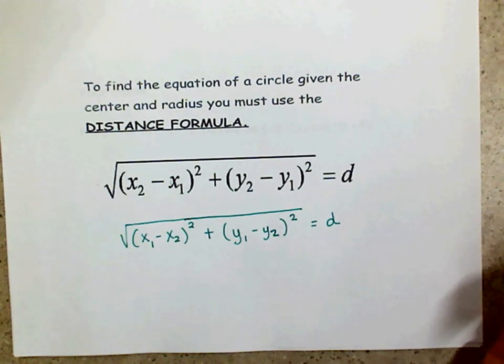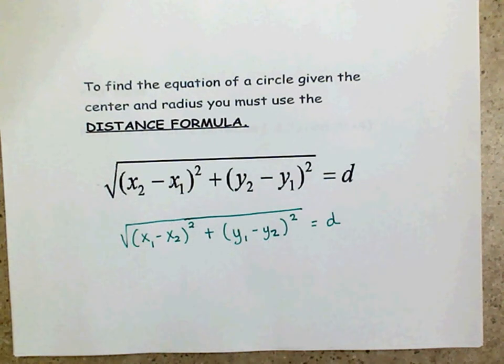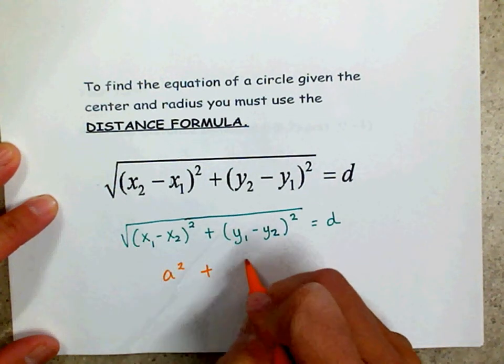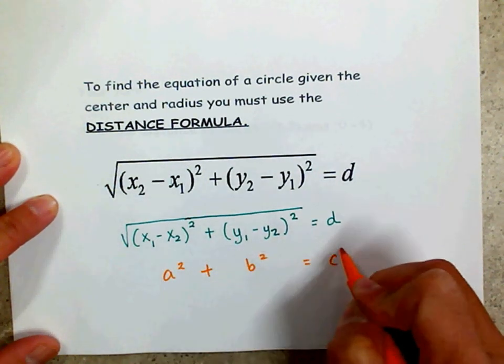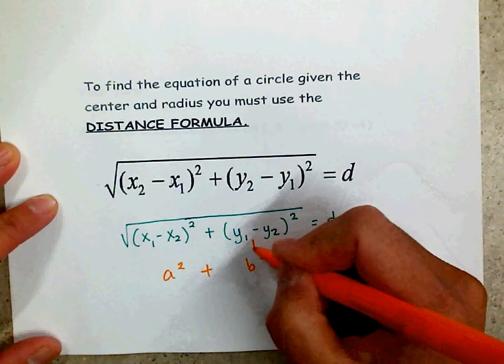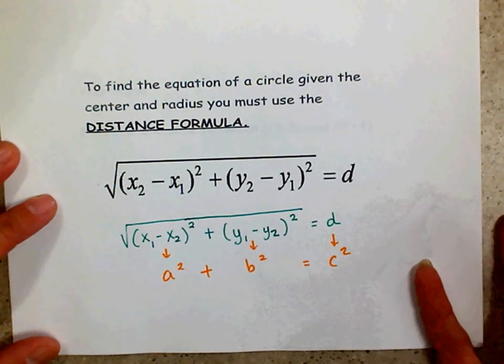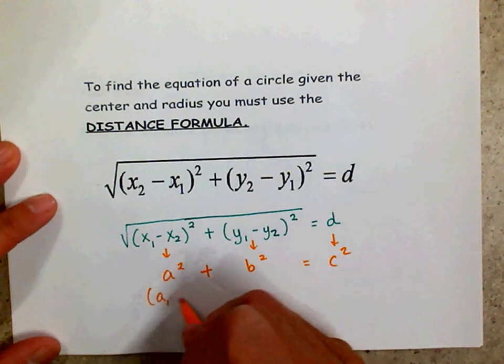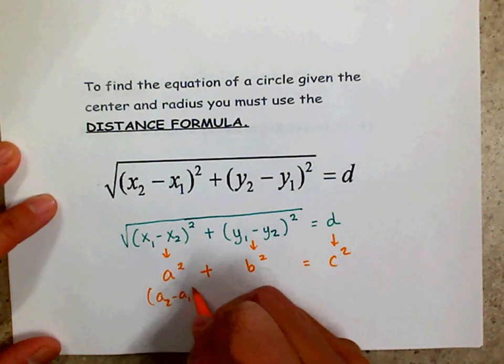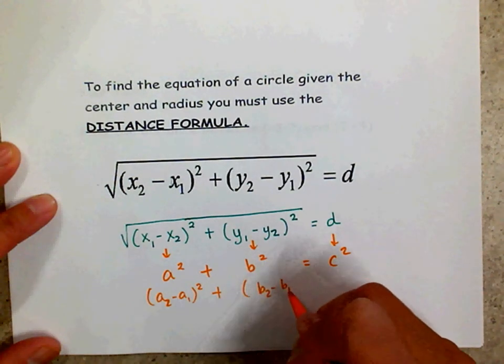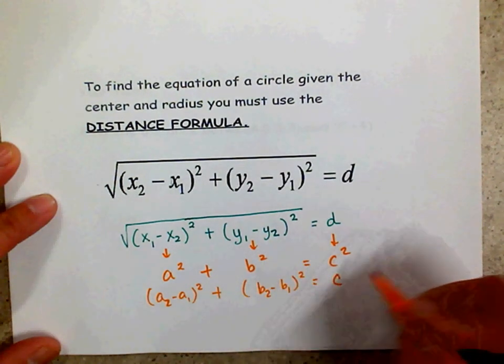Some of you may see it like this. It all comes from this right here: a squared plus b squared is equal to c squared. So for your a, you would have a2 minus a1 squared plus b2 minus b1 squared is equal to c squared.